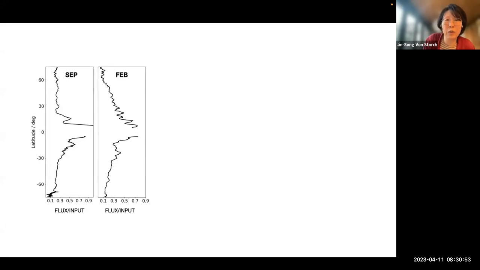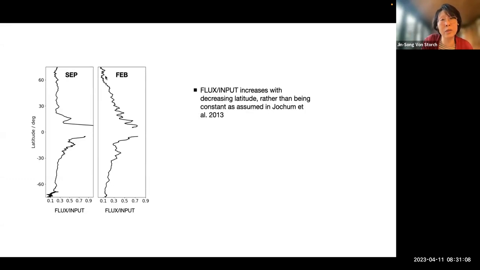This has something to do with the fact that we generate waves at the high latitudes, and those waves propagate equatorwards, and therefore you have stronger flux towards the equator. In that sense we can use this ratio and infer the flux at the bottom of the mixed layer in terms of this ratio and the input at the surface. And that can then be implemented into parameterization schemes such as EDMix.